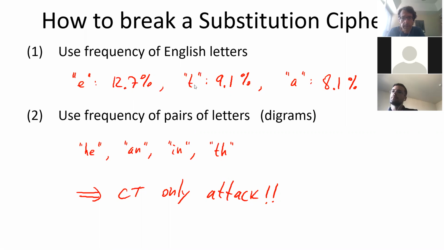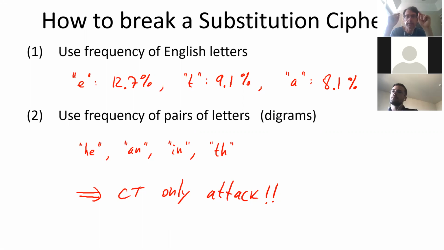And also you can look at so-called diagrams, right? So pairs of letters frequencies. I'm talking about a so-called ciphertext only attack. So I see an output of a substitution cipher, permutation cipher on a long enough text.